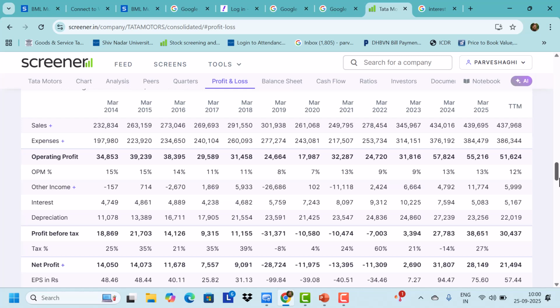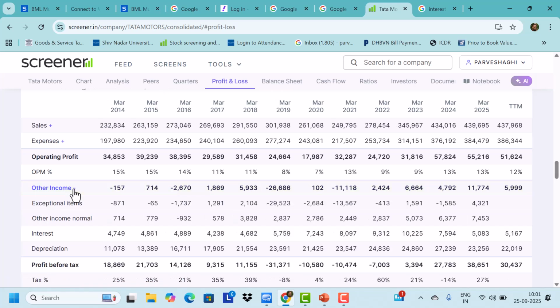Okay. So what I do is, we just make another calculation. So 30,437 plus 22,000 plus 5,000. Okay. And ignore the interest, ignore the other income. So take only the operating income.